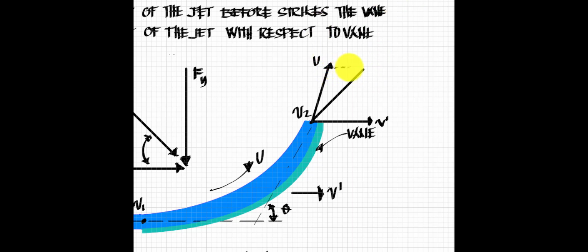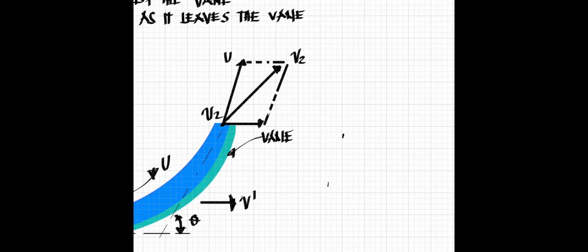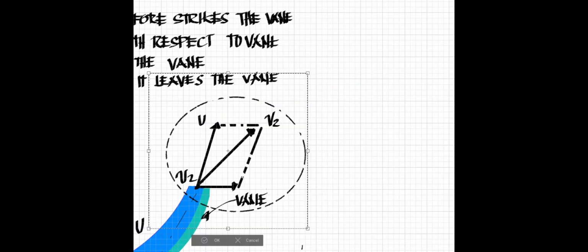So we have this one, and we have your B2. So this is your B2. Now what I'm going to do is highlight this portion and transfer it to a bigger view.